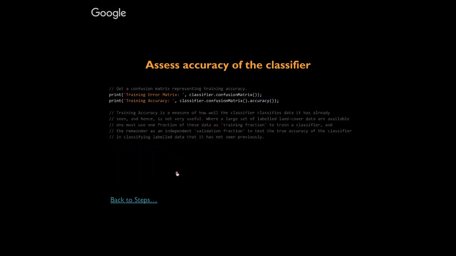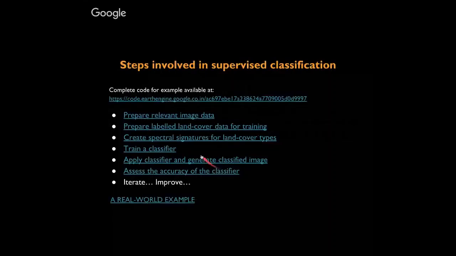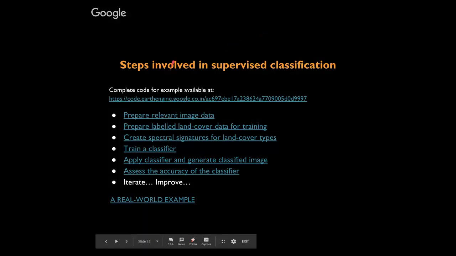And then finally, this is of no value if we do not know how good we have been at classifying something that is actually a real world category. So we will try to find out how accurate we have been with our classifier. So these are the steps that we will be looking at when we get to our, okay.